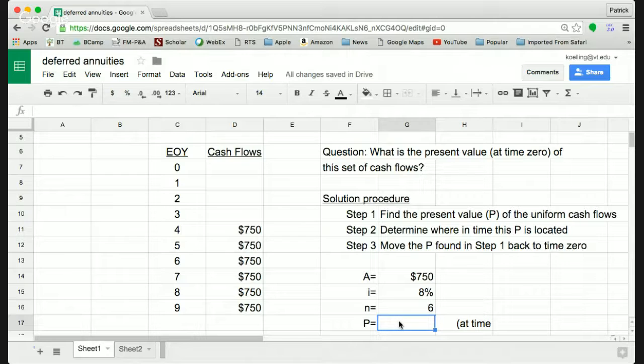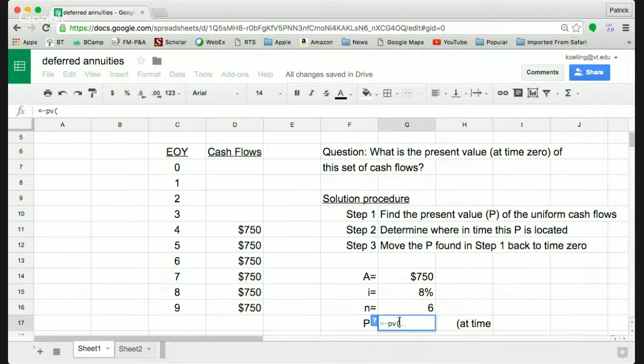And since we're trying to find the present value, this is not one of those payment things that the spreadsheets are built for. We just want to take the $750 uniform series and squeeze all that up together and represent it by one economically equivalent cash flow. And we do that by solving for P. We'll use the PV function, minus PV.